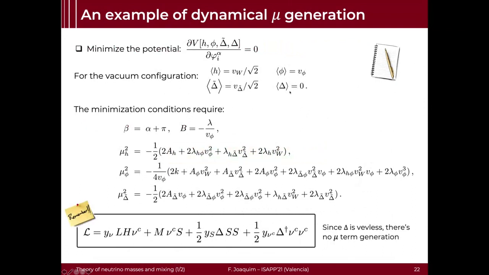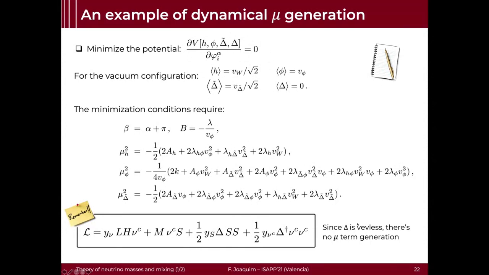If you want this specific vacuum configuration where the Higgs has VEV v, this phi field has v phi, and the delta tilde has a VEV and delta does not have a VEV, then you must impose these conditions for the other parameters in the scalar potential, which come from the minimization conditions here.